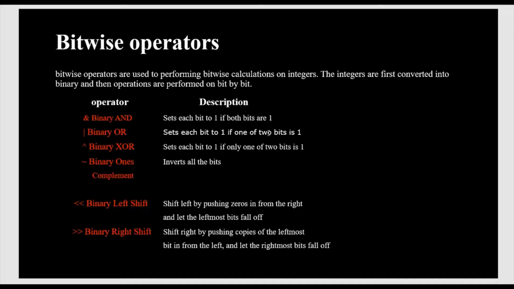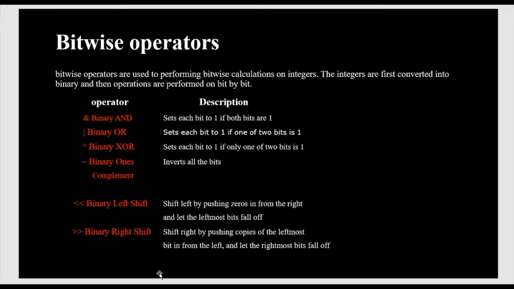Some of the bitwise operators are binary AND, binary OR, binary XOR, binary ones complement, and binary left shift and right shift. These operators are all very useful in the Python interpreter.